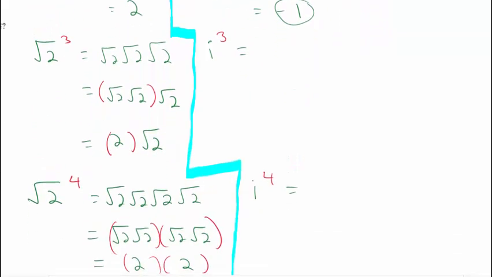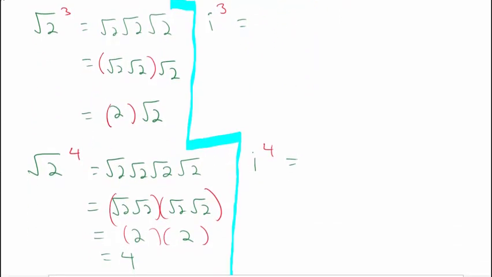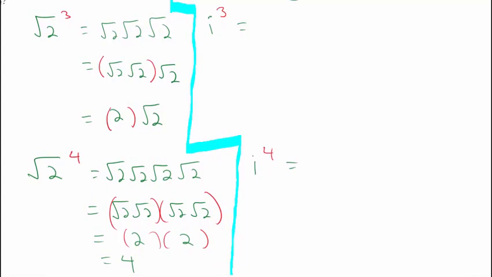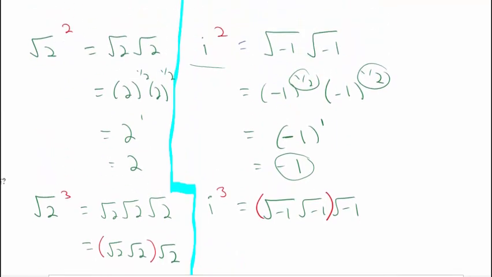Now let's do i cubed. Square root of 2 cubed equals square root of 2 times square root of 2 times square root of 2. In the same way, i cubed is square root of negative 1 times square root of negative 1 times square root of negative 1. We know that the first two are the same thing as i squared, which reduces to negative 1.